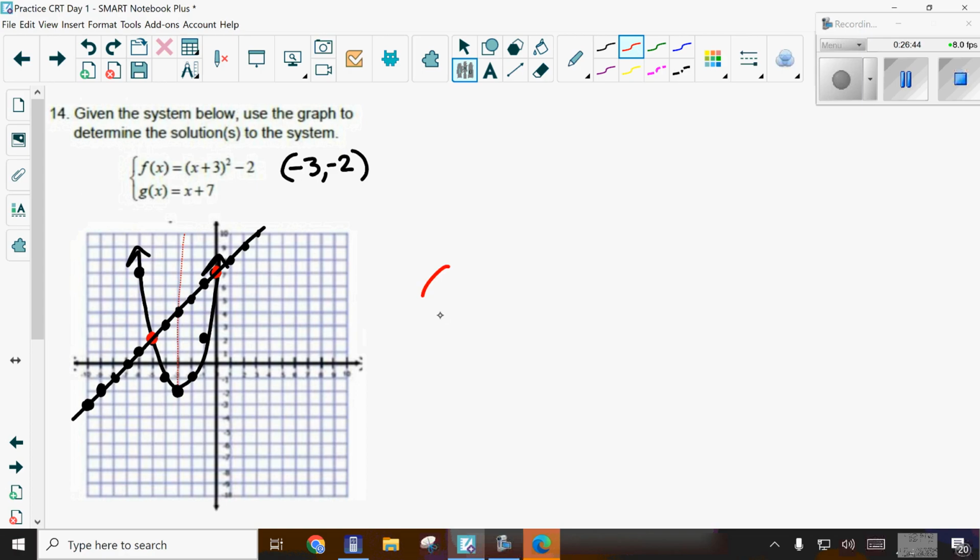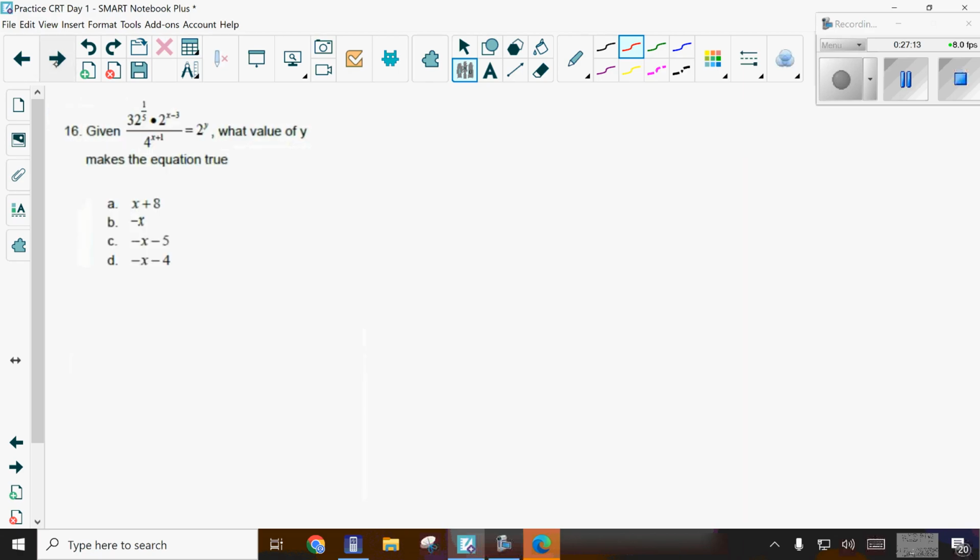So one of the solutions is at 0, 7. And the second answer is going to be at negative 5, comma 2. And these are supposed to be smooth parentheses, but my board is tripping.